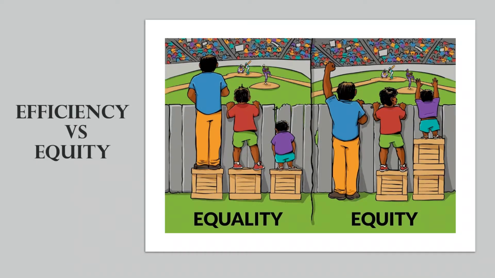Let's think about going back to our picture that we shared in our previous lecture on equality versus equity. This is the famous picture of the three little boys trying to watch the game. And if you think about efficiency versus equity, think about the left picture. Does that look efficient to you? Well, if you think about efficiency in terms of productive efficiency, it's efficient.